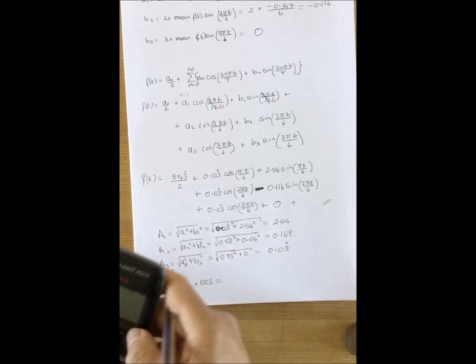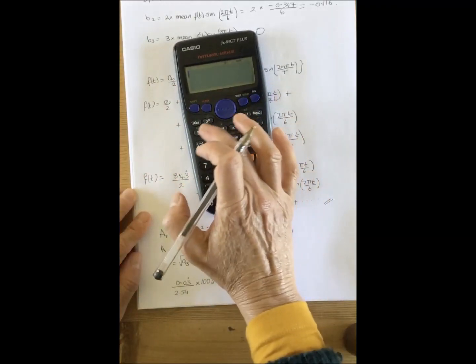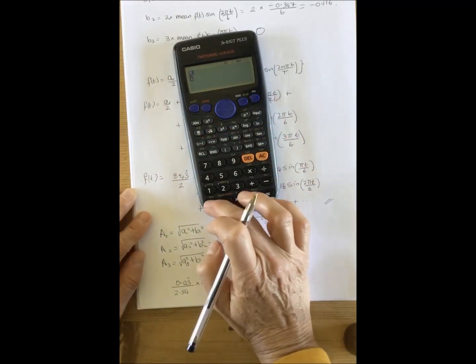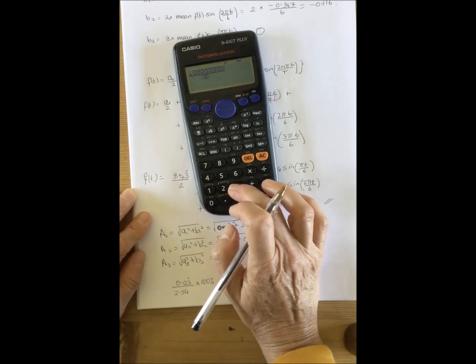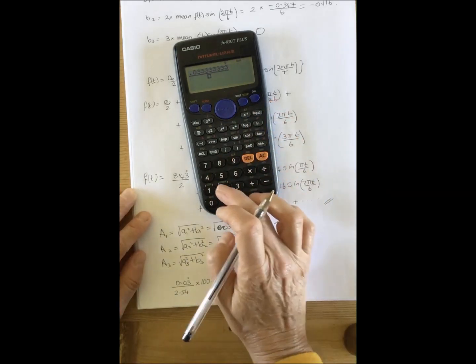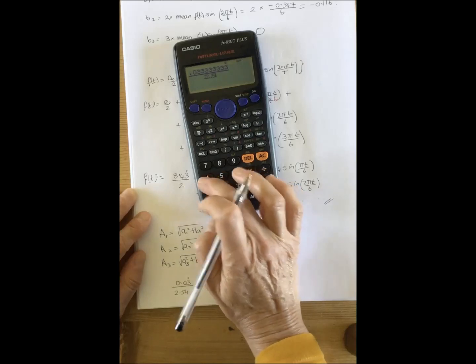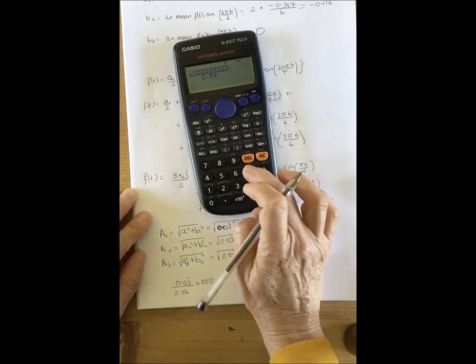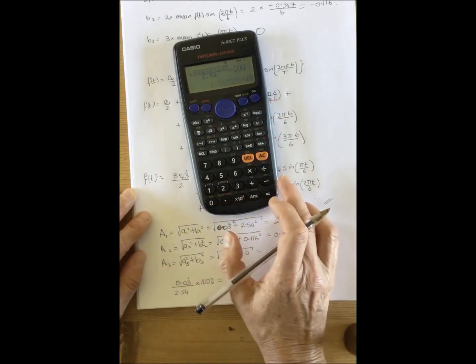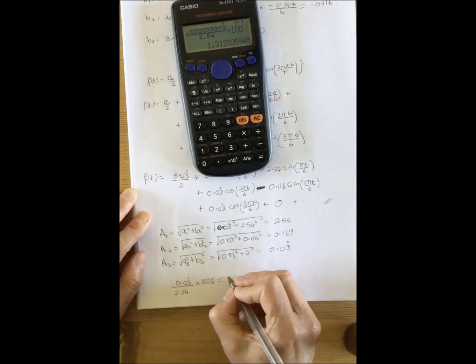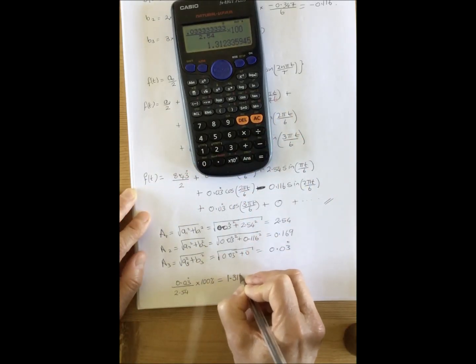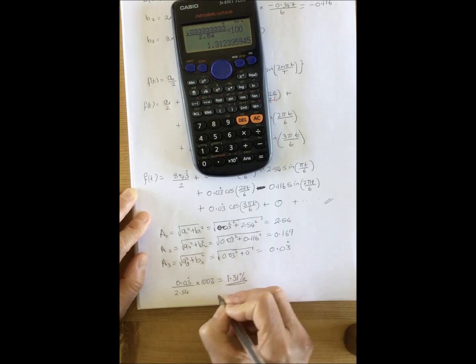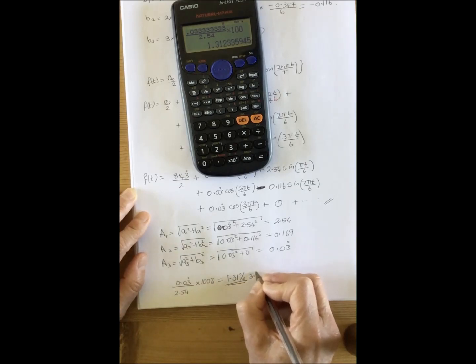And that will give us 0.033333 to infinity, divided by 2.54, multiplied by 100 equals 1.31%. That is the percentage third harmonic.